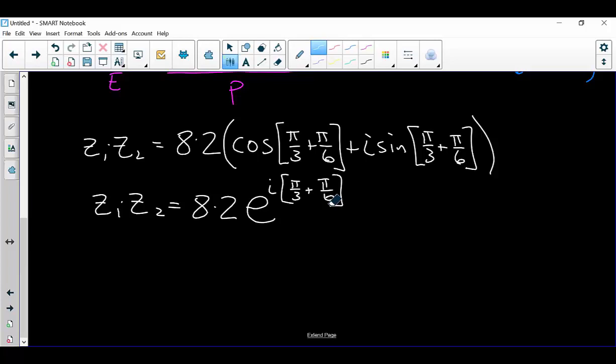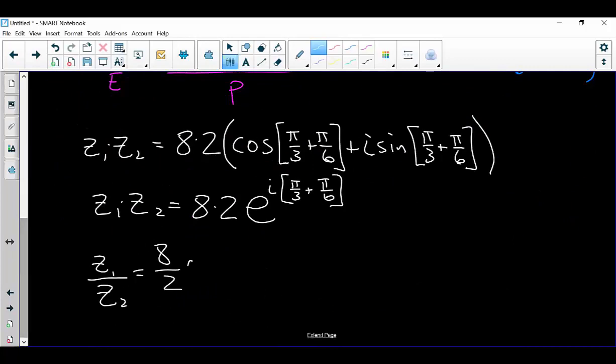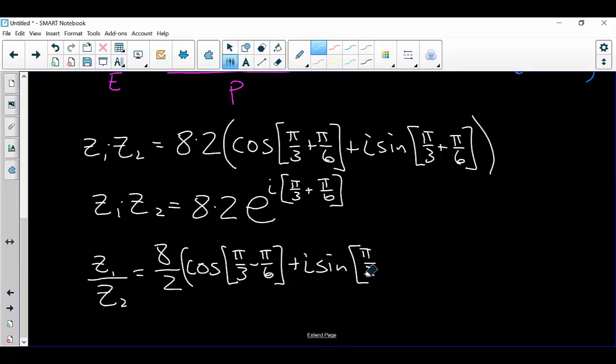Now, we've also got Z1 divided by Z2. Okay, so that's going to be 8 divided by 2. I think I got them straight. Okay, yeah. And then this is going to be cosine pi over 3 minus pi over 6 plus I sine pi over 3 minus pi over 6. There we go. Okay.